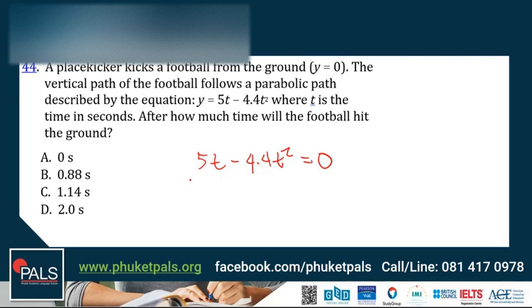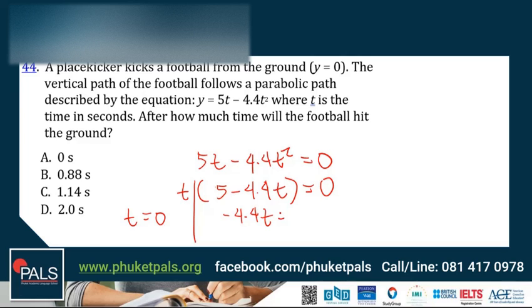If we factor this out, we've got t times 5 minus 4.4t equals 0. Equate both factors to 0. The first one is t equals 0. The second one is minus 4.4t equals minus 5, dividing both sides by negative 4.4. t is equal to 1.14. So therefore the answer is letter C.